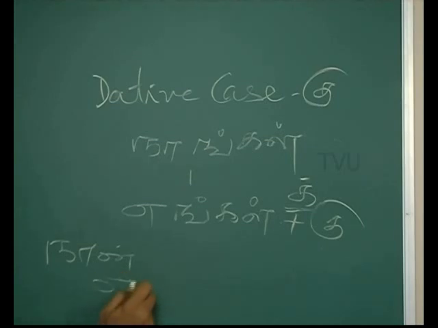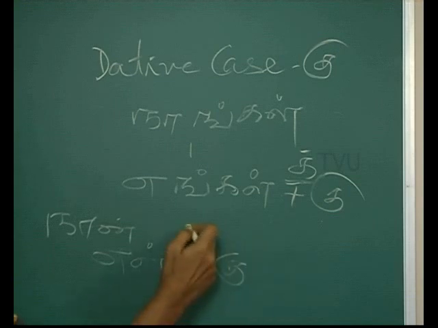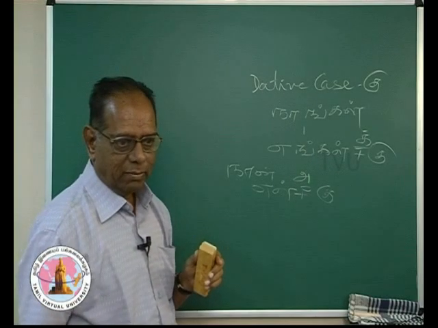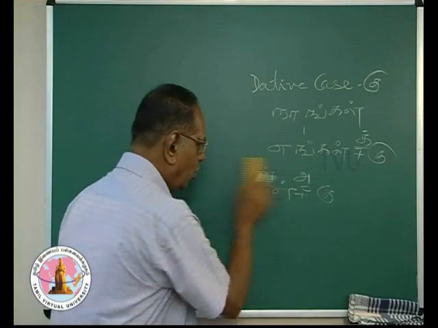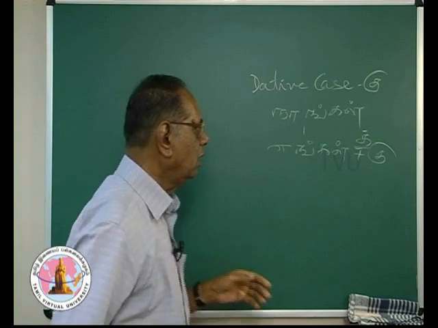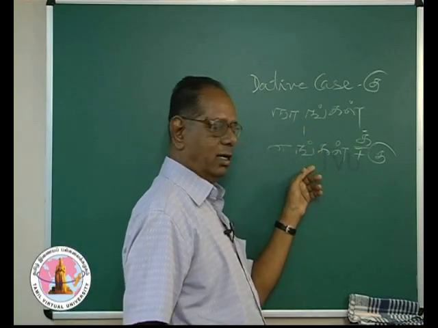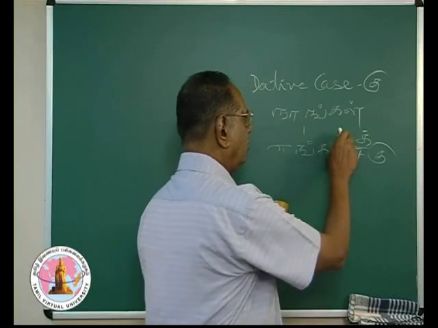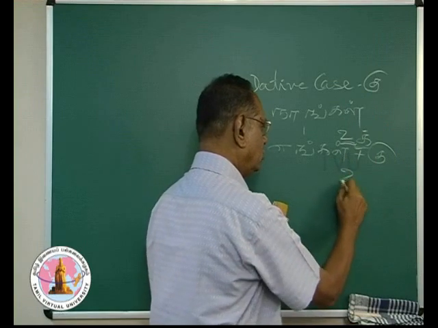Non became n and before taking ku, you introduced a vowel a. And for nam also we did the same. For ni also we did the same. Now, for nangal, which becomes yangal, we had to introduce a new symbol, a new vowel, that is u.